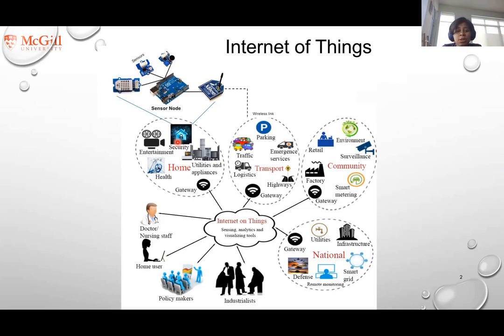Then people who need to use it, let's say doctors who need to act on our health data, or even a home user who wants to see how much utility we are using, can access those data. Feedback can also be given through this network. If the doctor wants to tell the patient to increase the dose of medication, they can send it over the internet to the patient at home.